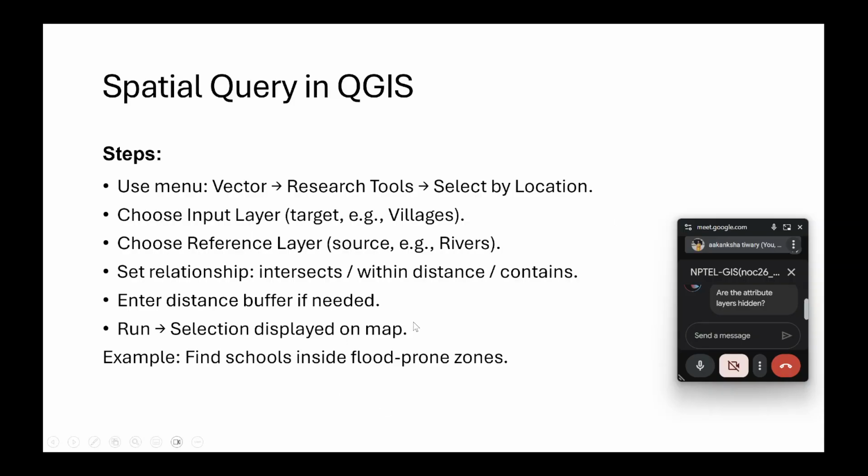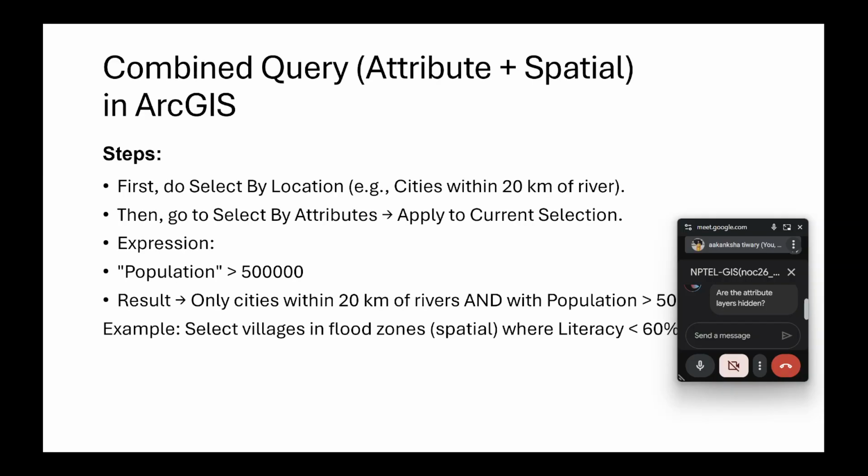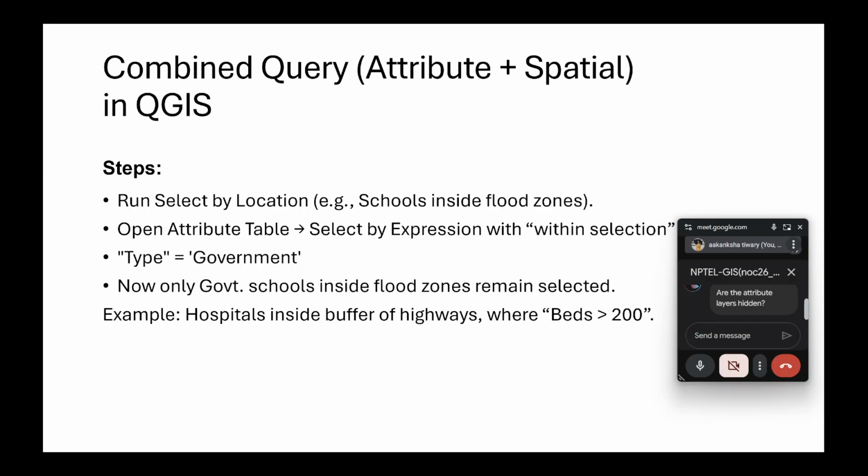Okay, spatial querying. So we know what is combined query, so using both attribute as well as spatial querying. So we'll not do this because our layer doesn't have attribute for now, and we did this in the last session. So I hope this was clear.